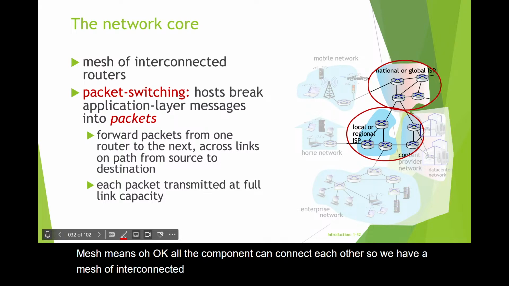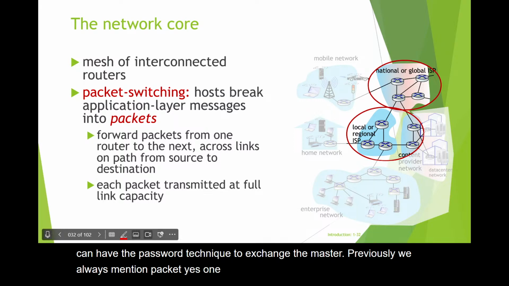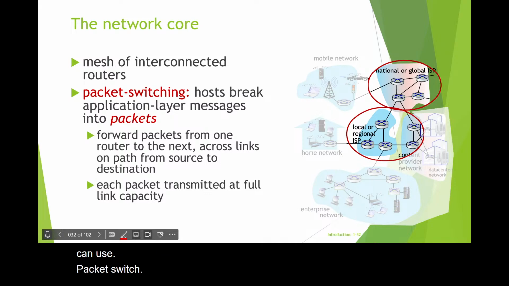And for the interconnected routers, in fact, we can have a possible technique to exchange messages. Previously, we also mentioned packets. One of the possible techniques is based on packets, so we can use packet switching. Packet switching is based on splitting or breaking an application layer message into packets.